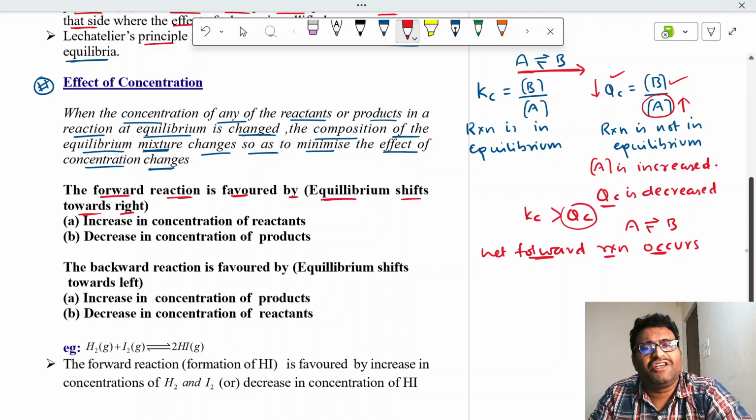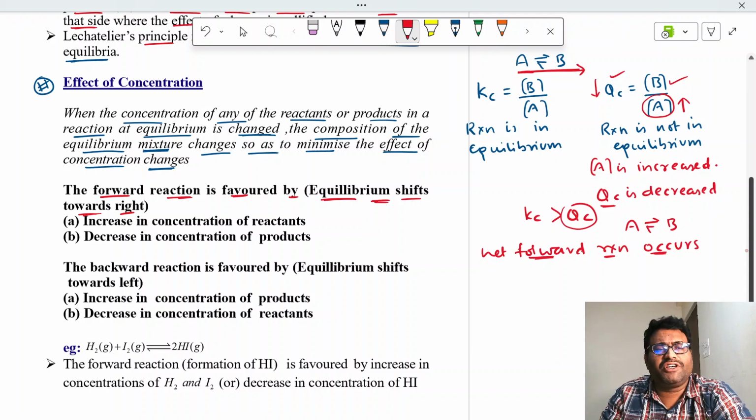If the added reactant has to decrease, it has to be converted into product. Then the forward reaction is favoring, that means the rate of forward reaction is more than the backward reaction. So overall the net forward reaction occurs, which means equilibrium is shifting to the right side.